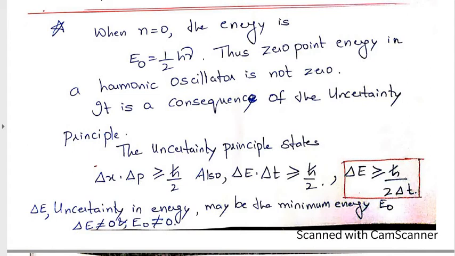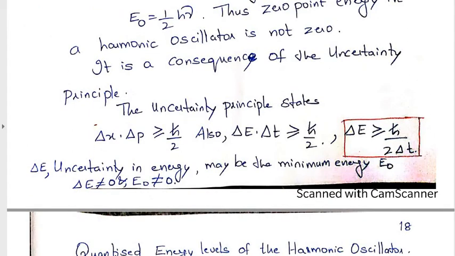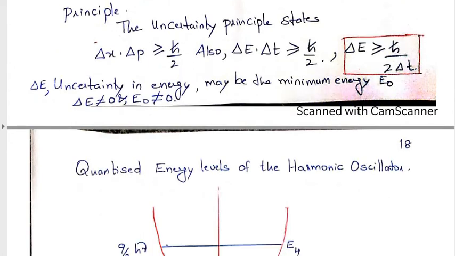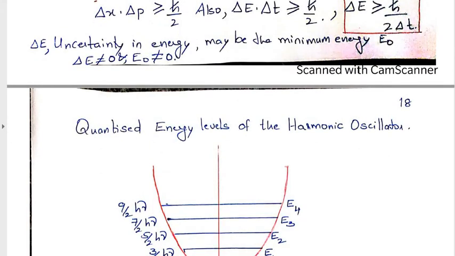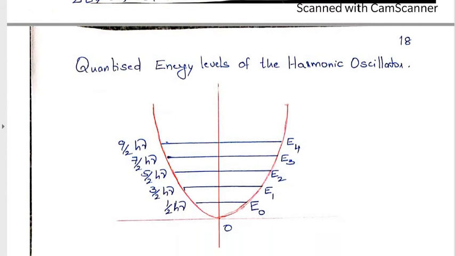Neither delta E nor delta T can be equal to 0, and the minimum value that delta E can take is E naught, and therefore that E naught also cannot be equal to 0. So this E naught, the zero point energy having a particular value, is just a consequence of the uncertainty principle, and that is a particular question for the part C question that you could be asked in the examination.